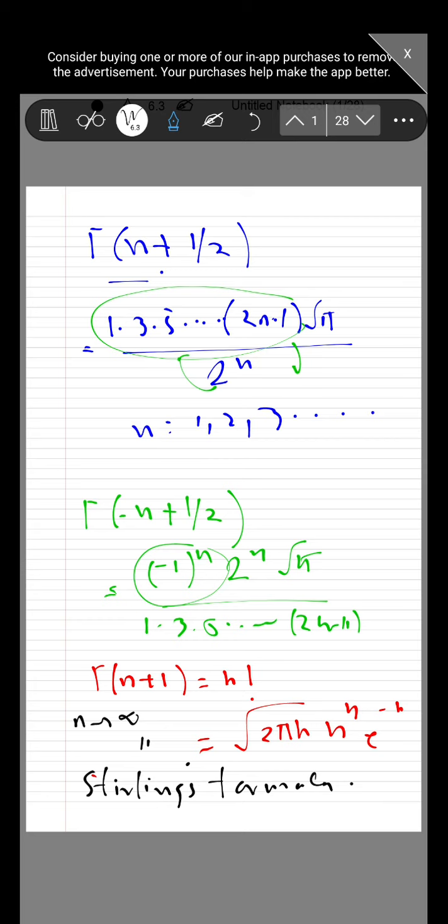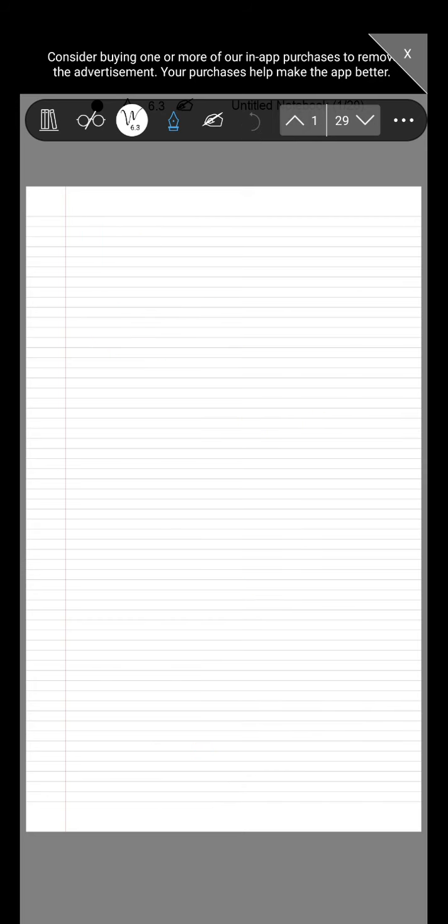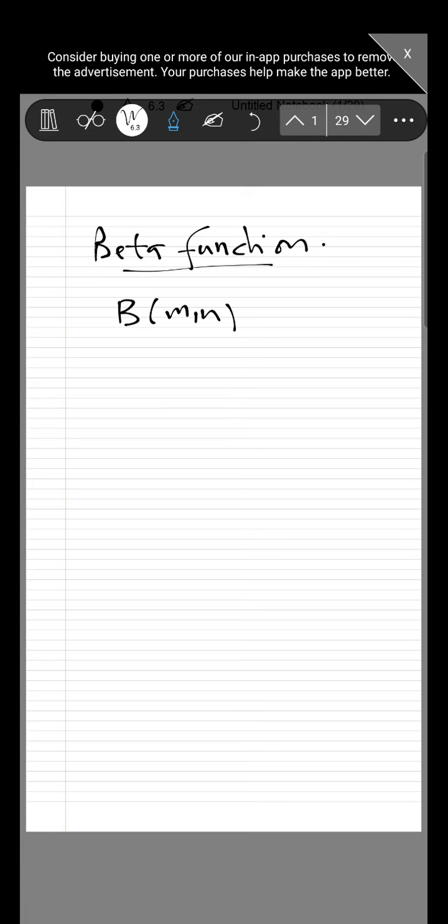Similarly, the beta function can be defined. The gamma function had only one parameter, and the beta function has two parameters, m and n. So it is represented by B(m, n), and it is in fact related to the gamma function also.